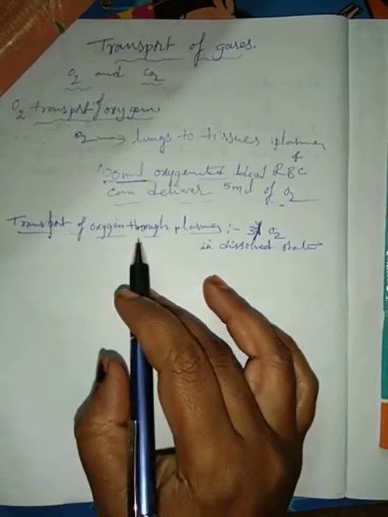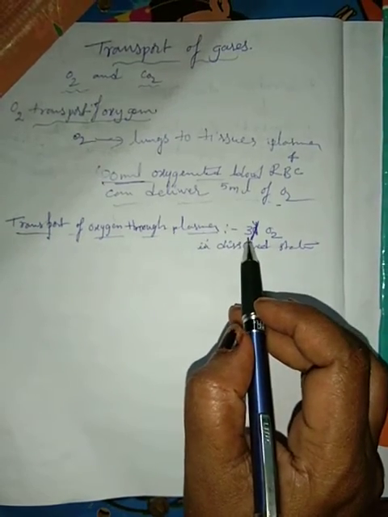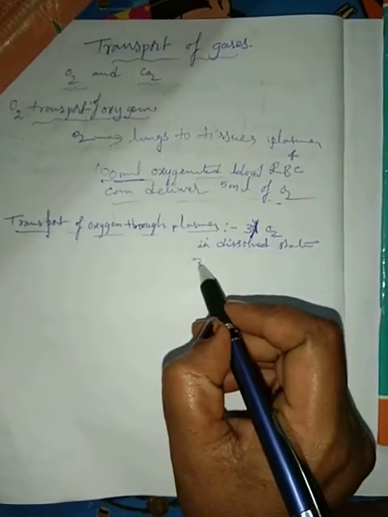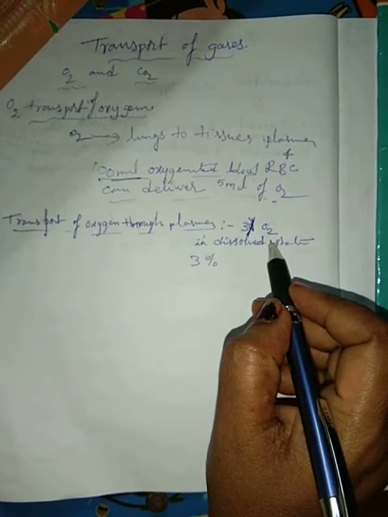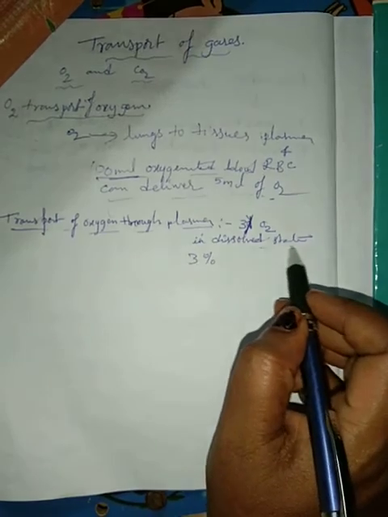The transport of oxygen through the plasma, how much? Only 3% of oxygen is transported in dissolved state.